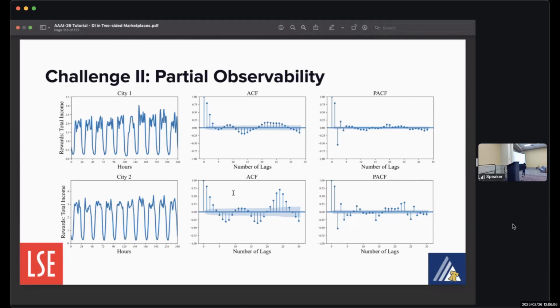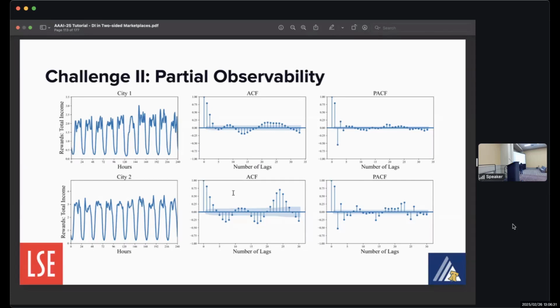To illustrate, here I visualize two data sets collected from two cities in a ride sharing company. There are 6 panels here, and each row visualizes the data collected from one of the cities. If you look at the first column, it directly visualizes the driver's income from those cities.